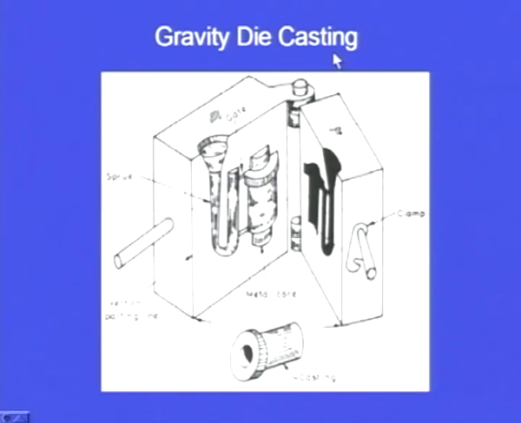Let us see this gravity die casting. This is the component we want to make and these are the metallic moulds. We can see two metallic moulds, and the shape of the component which we want is engraved in the two moulding boxes. Half of the cavity is engraved in this box and half of the cavity is engraved in this box.